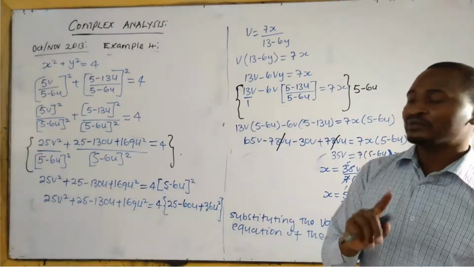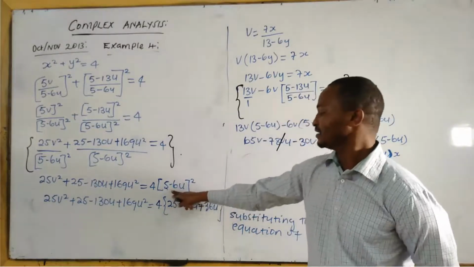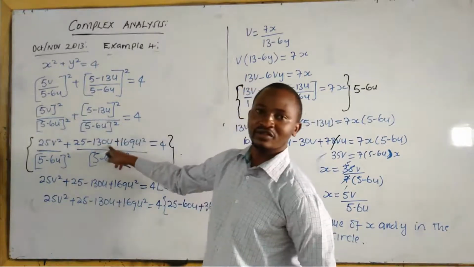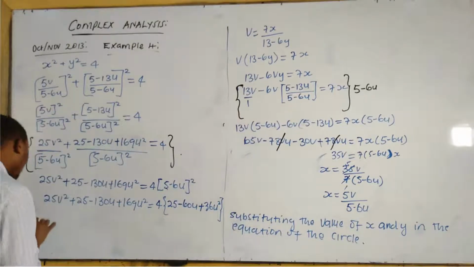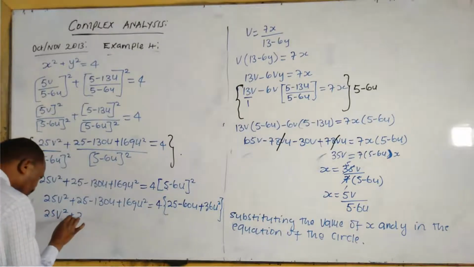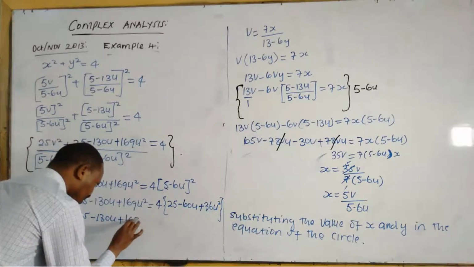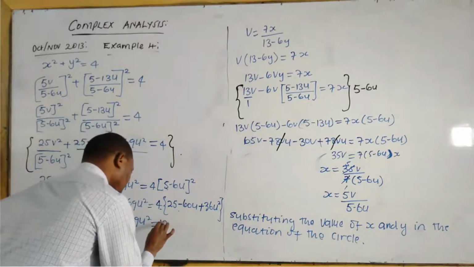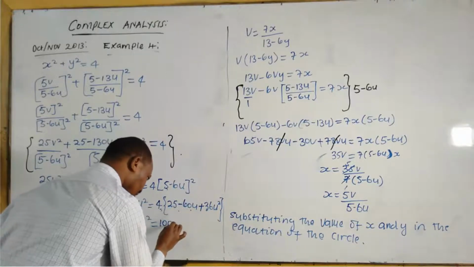If every step you have to start expanding, taking time to expand this into this, it will really consume your time in a 3-hour exam. So let us open this bracket. This is 25v squared plus 25 minus 130u plus 169u squared is equal to 4 times 25, this is 100, 4 times 60, this is 240.